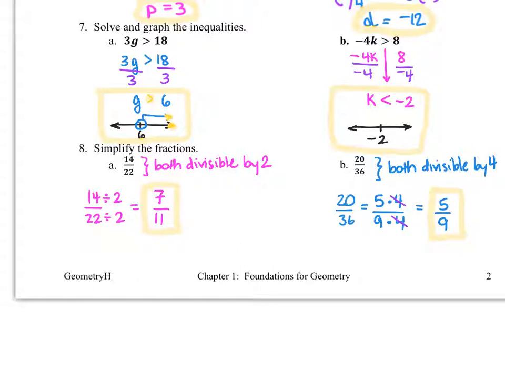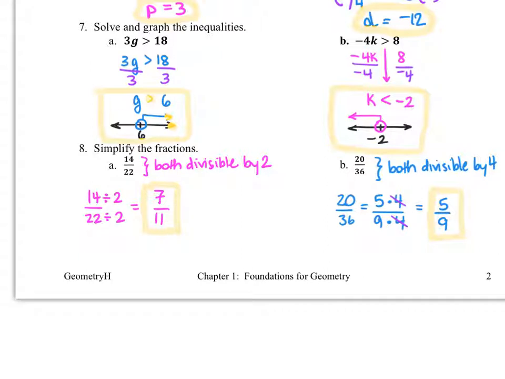So where we started out with -4K is greater than 8, as we divide both sides by -4, we have to reverse the direction of the inequality, and we have K is less than, and after we simplify, -2. So once again, we have no or equal to, so we're going to have an open circle, and this one is going to point to the left-hand side, the less than side.